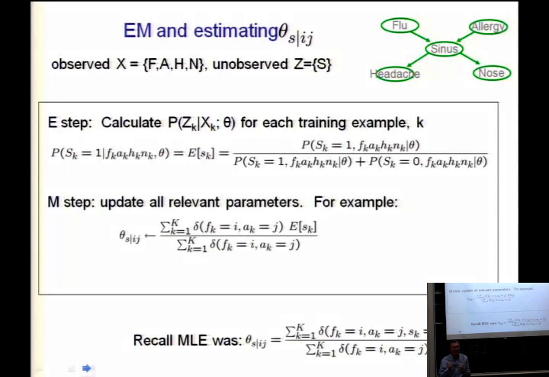The expected value of a Boolean variable is going to be somewhere between 1 and 0. In fact, it's going to be exactly the probability that it's 1.